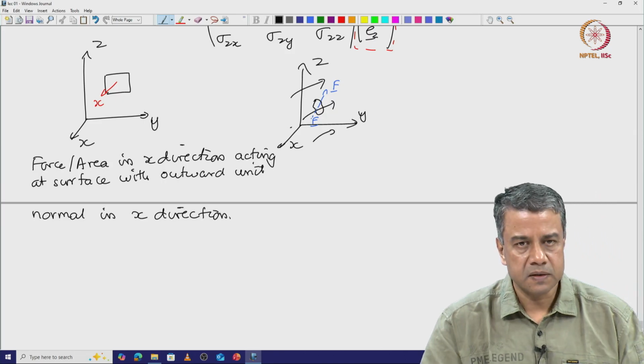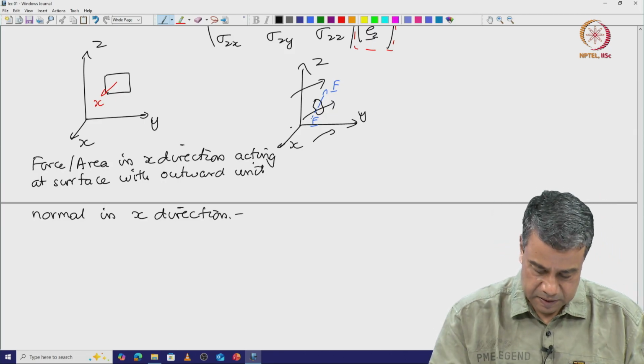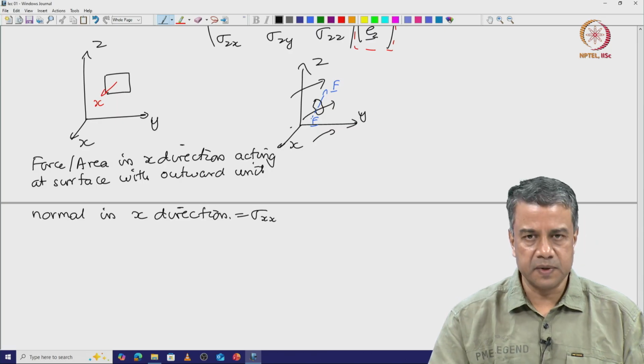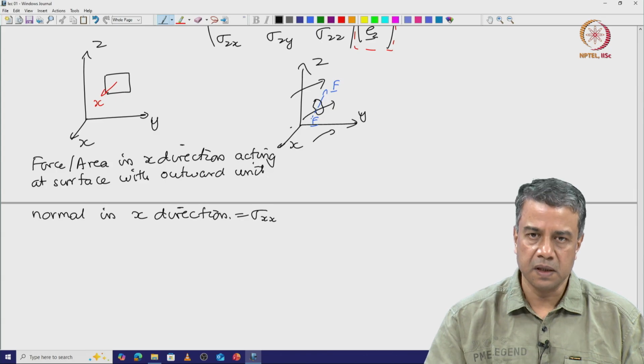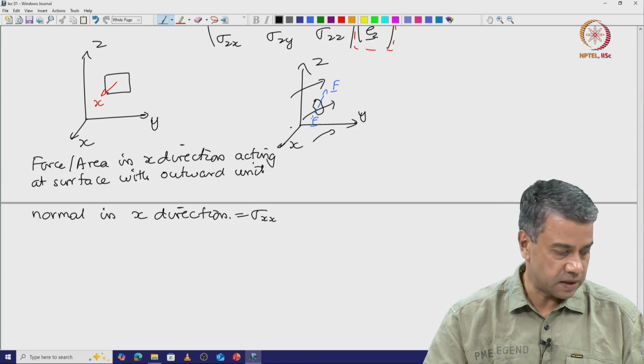That is the component sigma xx. Similarly, sigma xy is the force per unit area in the x direction acting at a surface whose outward unit normal is in the y direction, and so on.